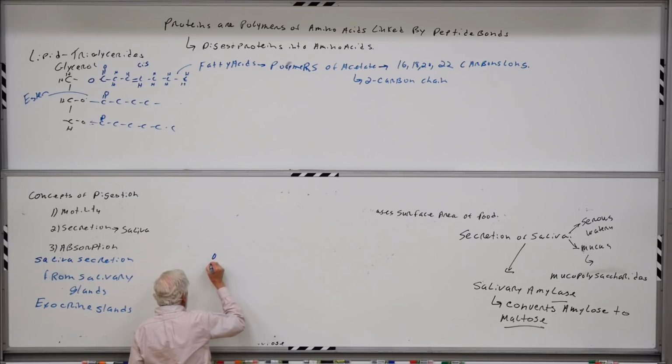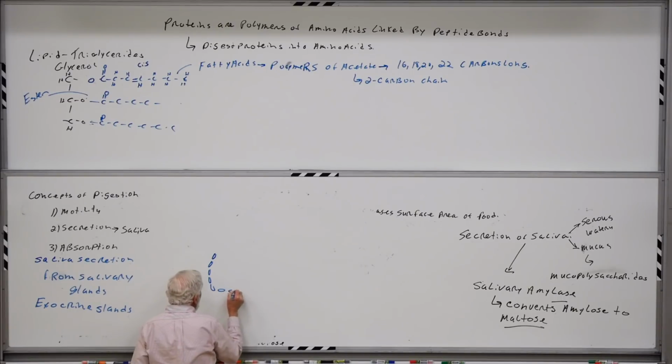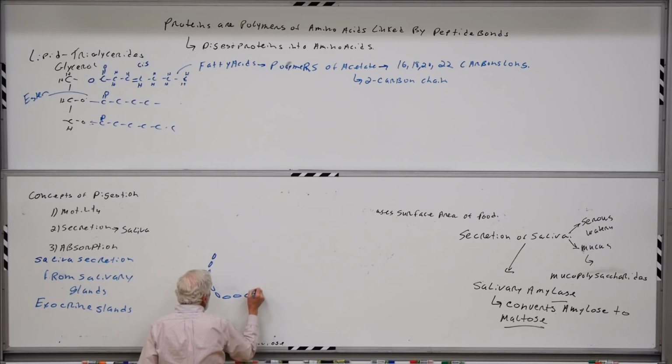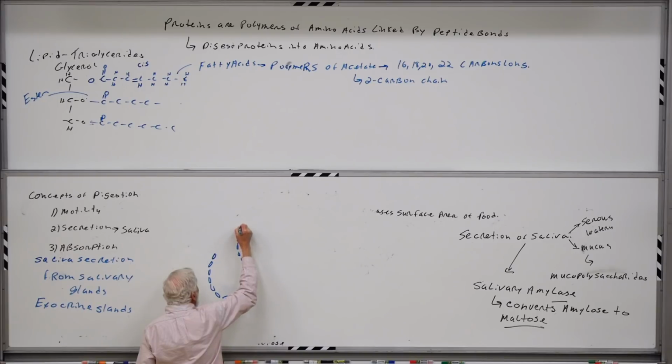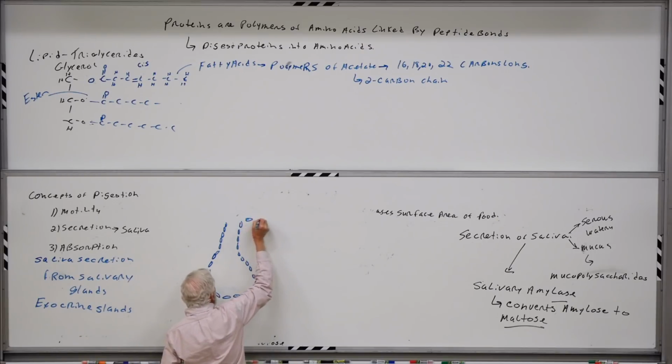I'm going to try to make it as bulbous as I can. If you look at the histology of salivary glands, you see they're highly branched. But I'm going to simplify it so we have this bulbous structure here, made of a continuous layer of epithelium. And this empties now out on the surface.